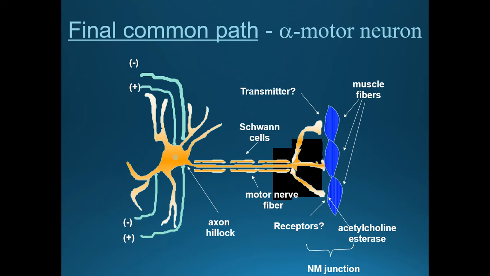The transmitter is released into the gap between the neuron and the muscle fibers. Acetylcholine is released at this time and connects with the receptors in the muscle fibers. The excess acetylcholine is degraded by acetylcholinesterase.